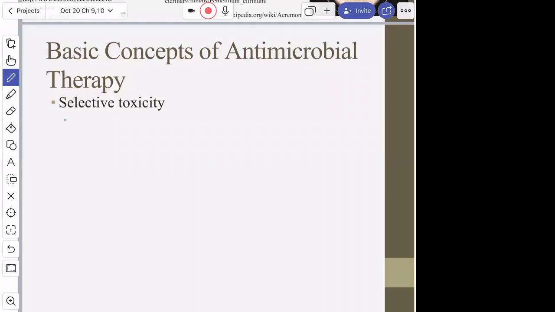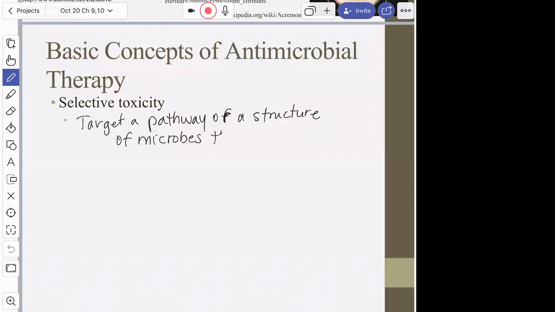That means, does it target a pathway or structure of microbes that hosts lack? That's the most important consideration in using an antibiotic. Does it target bacteria, and is it safe for us?